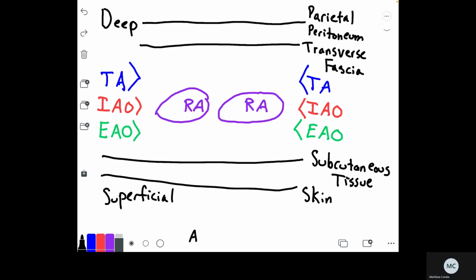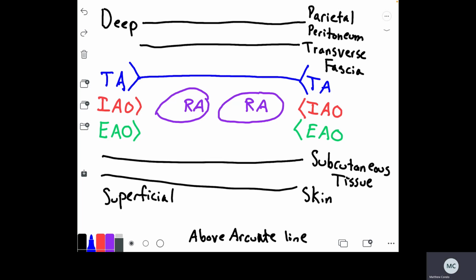What we're first going to draw is above the arcuate line. Above the arcuate line, the TA, the transverse abdominis fascia, is going to ride deep or posterior to rectus abdominis. The IAO fascia, internal abdominal oblique, is going to split.